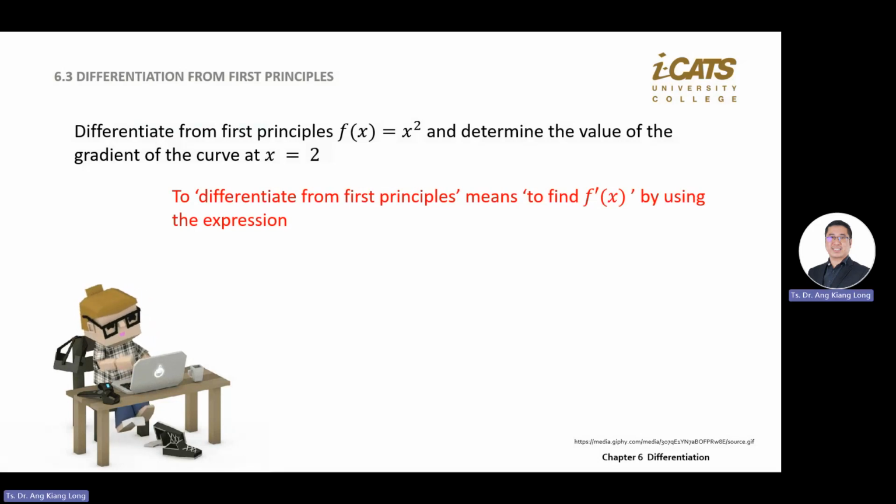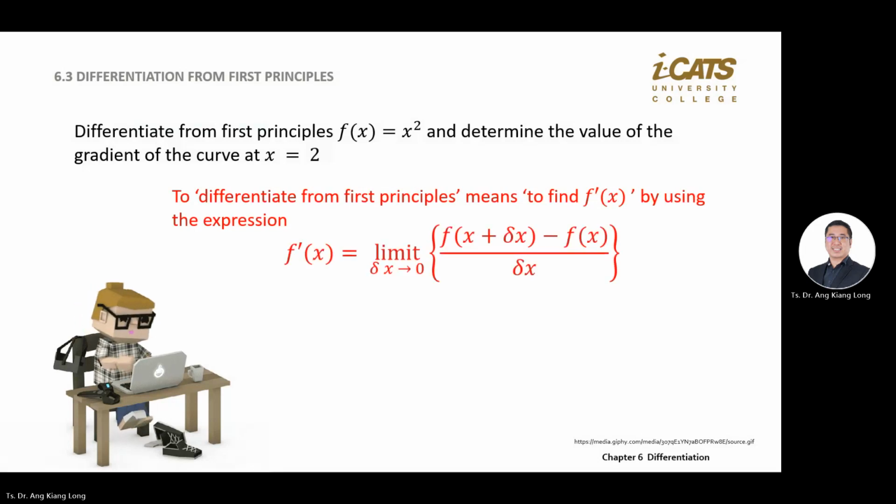So you write something like this. You write f comma x equal to limit delta x near to 0, then the difference of y divided by difference of x.